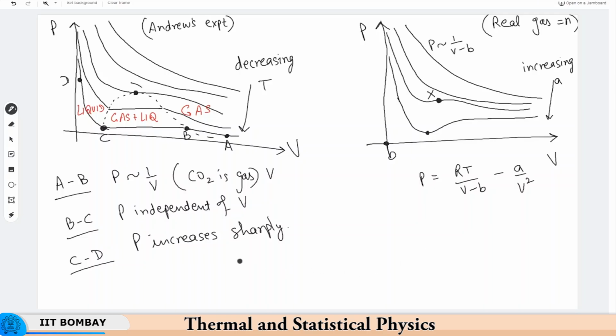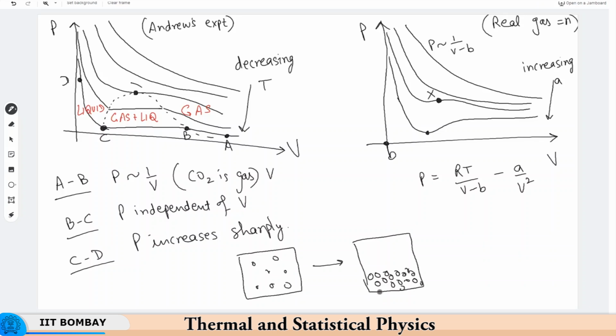So essentially what happens is, these carbon dioxide molecules which were in gaseous phase, they suddenly undergo a phase transition where some of the carbon dioxide molecules phase separate into a liquid phase, and there are very few carbon dioxide molecules in the gas phase, right?